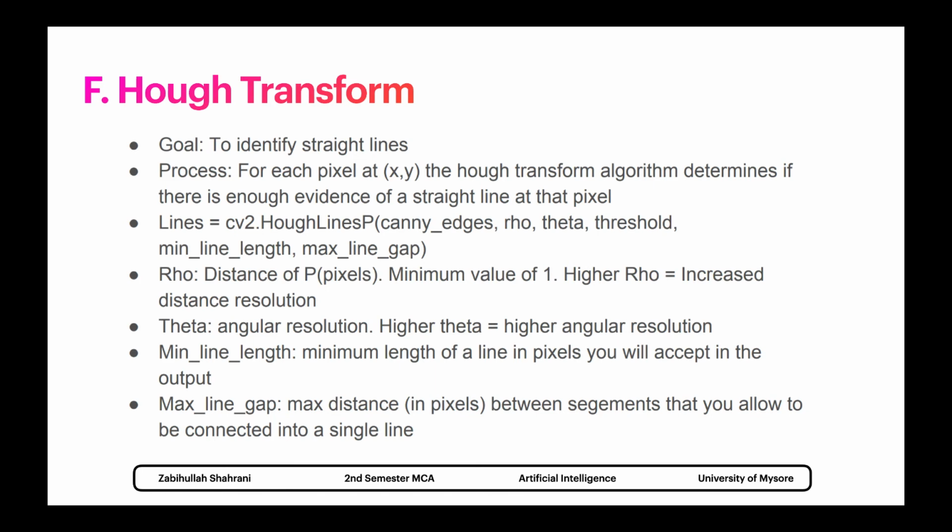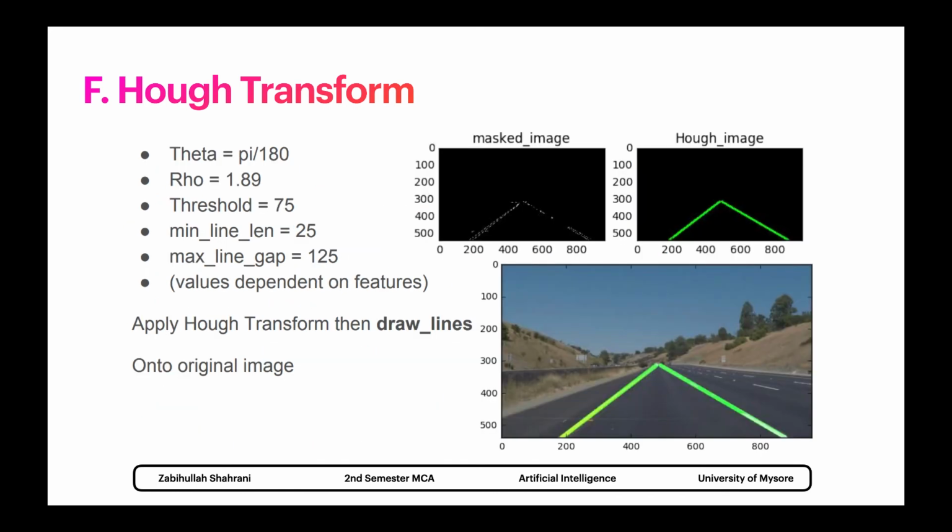If you want to perform this function, we have to apply these codes in our Python project. Now the values you see on the left side, like theta and rho, are not actually constant, and they can change according to your own requirement, according to the picture you have in your project.